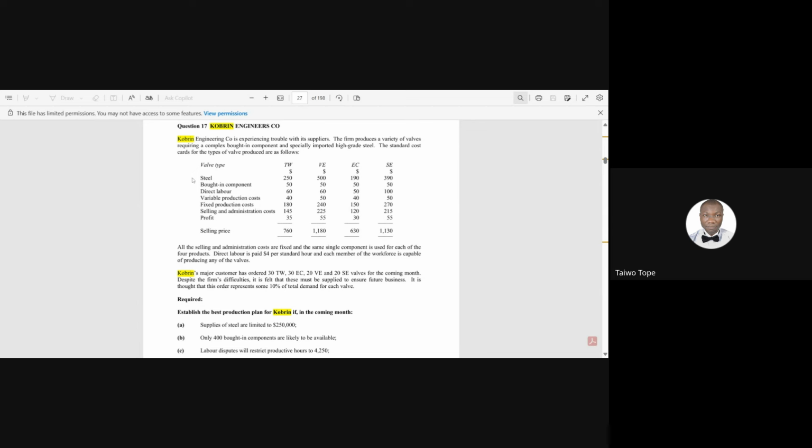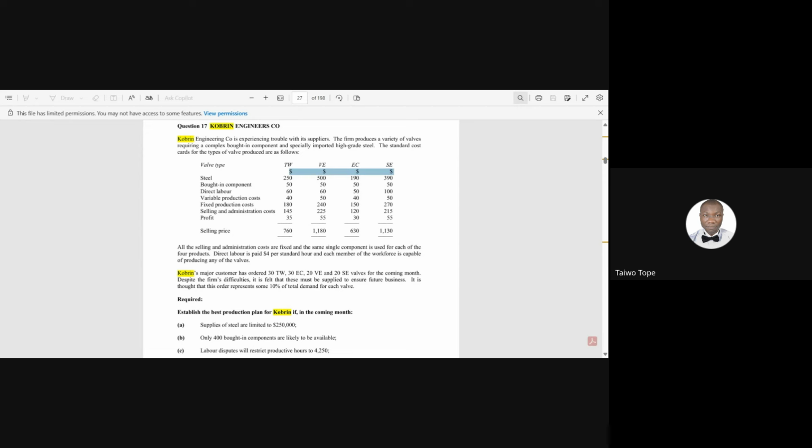Now, in this standard cost card, we have variable cost, which entails steel. Take note, they are all in dollars. When you are solving a question, take note of the units the figures are expressed in. They are all in dollars. It can be in naira.